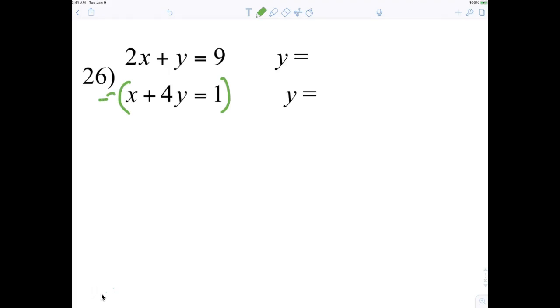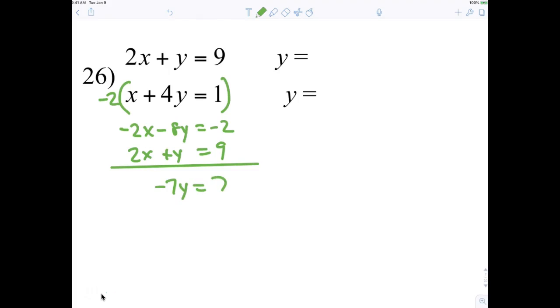So multiply by -2. And when I do that, I get -2x minus 8y equals -2. Bringing down the 2x plus y equals 9. Let's add them together. -7y equals 7, so y equals -1.